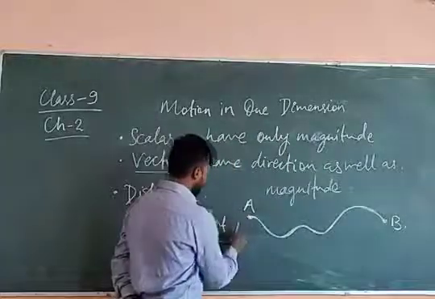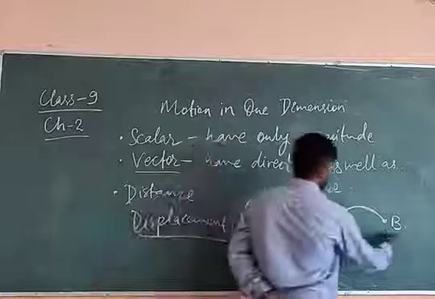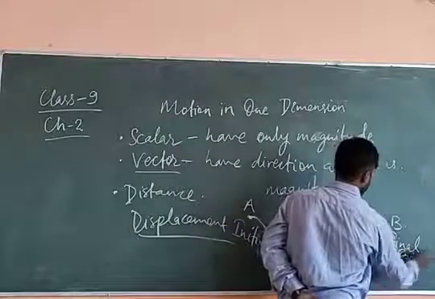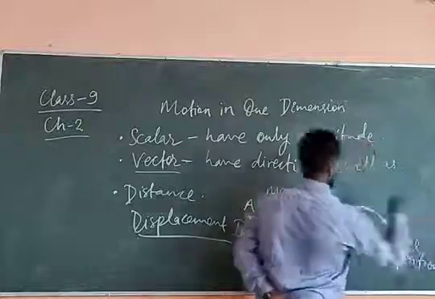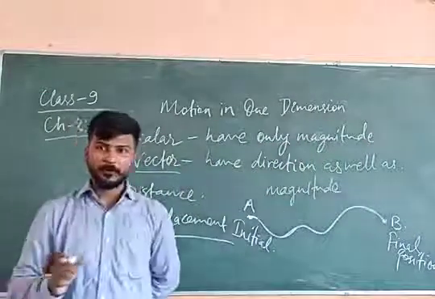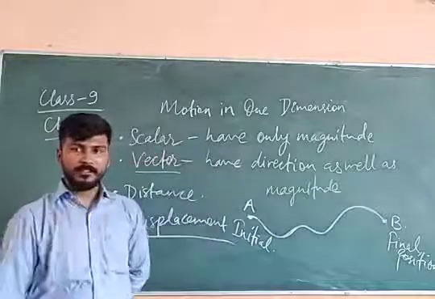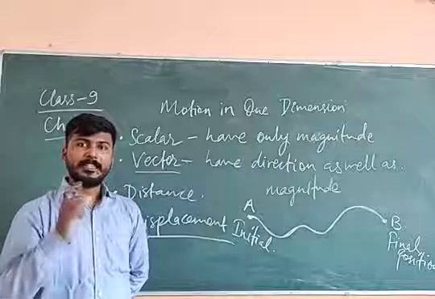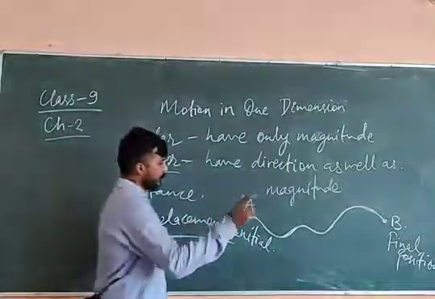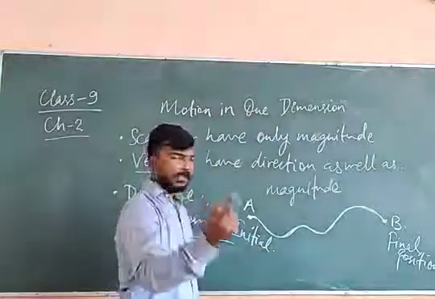But this one is the initial position and this one is the final position. The shortest distance from the initial to the final point is known as displacement. The shortest path is a straight line path from initial to final position.